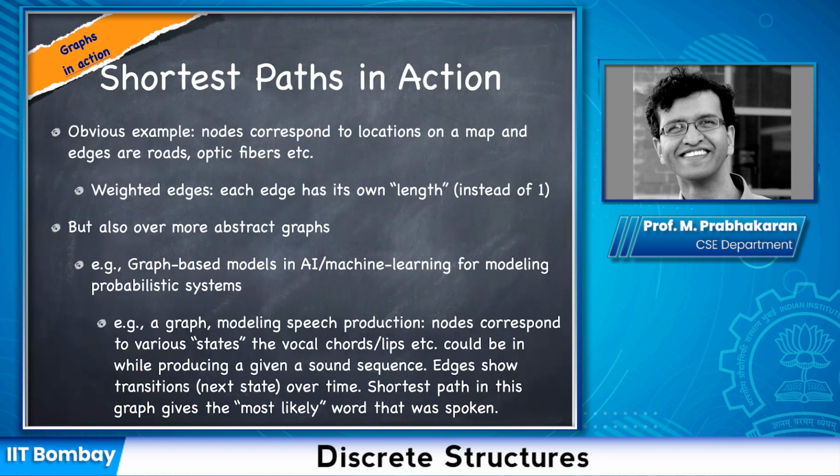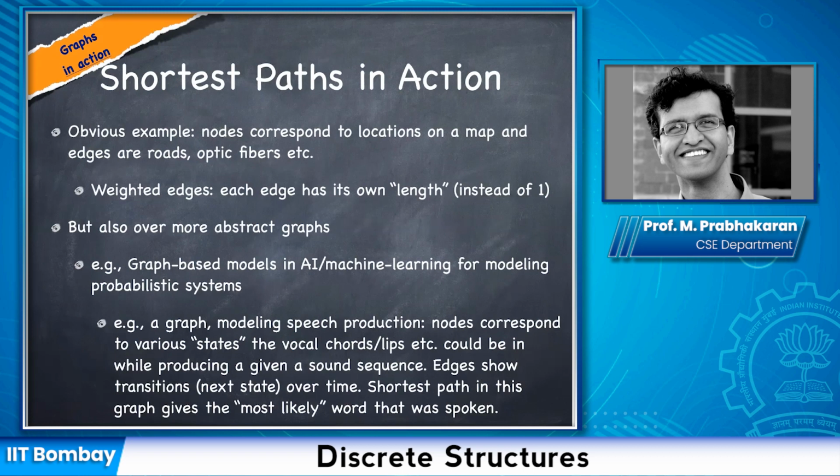As you make your sounds, your mouth would go through different states, transitioning from one state to another. You could model this as going from a node corresponding to one state to another node. And the length or the weight on this edge would correspond to the probability or the ease with which you would do this transition.